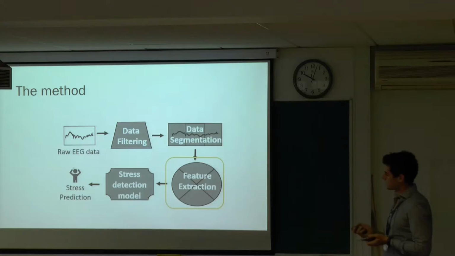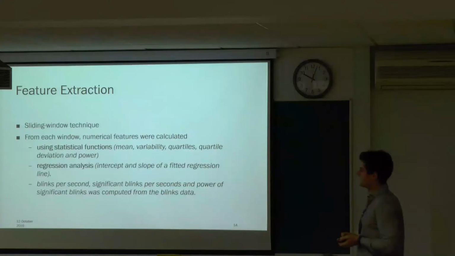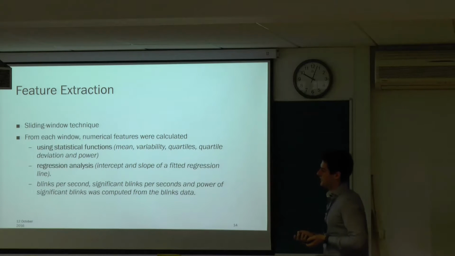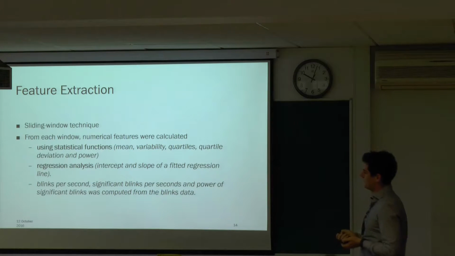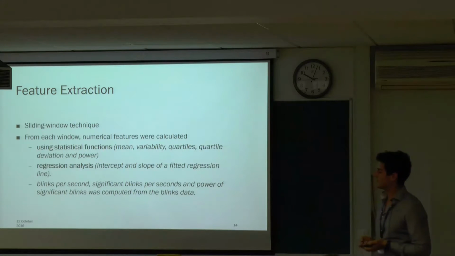Then after the data segmentation, from each window we extracted features. The features were extracted using statistical functions such as mean, variability, quartiles, quartile deviation, and power of the signal.